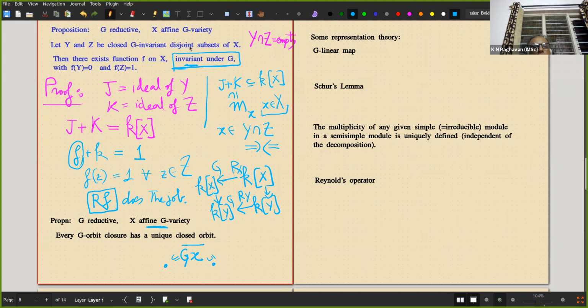Then by this, there would be an invariant function which would be 0 on one and 1 on the other. But an invariant function on this is constant, because it's a single orbit. So this cannot be. It's a very simple consequence of this.